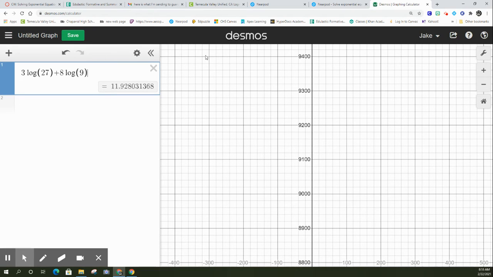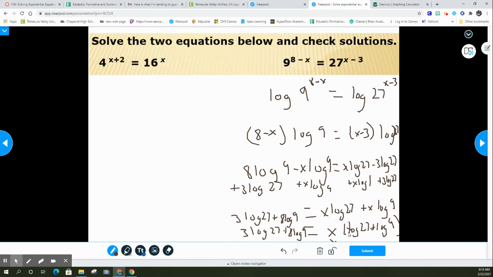All right, and then we're going to want to divide that by log 27 plus log 9.